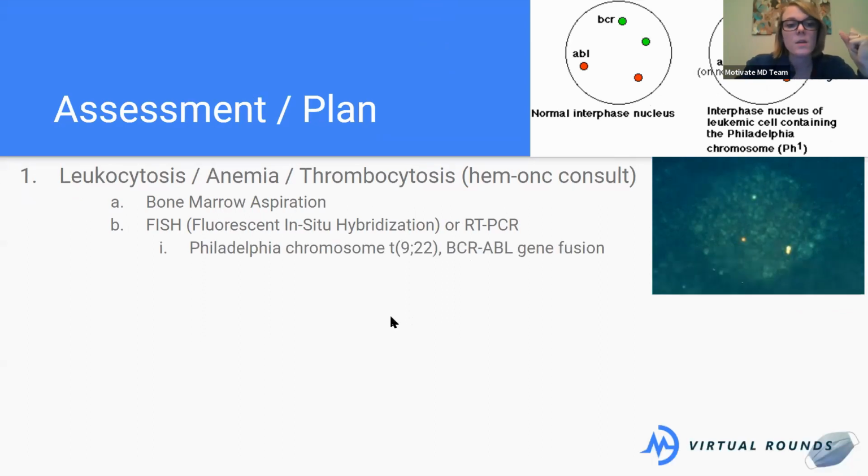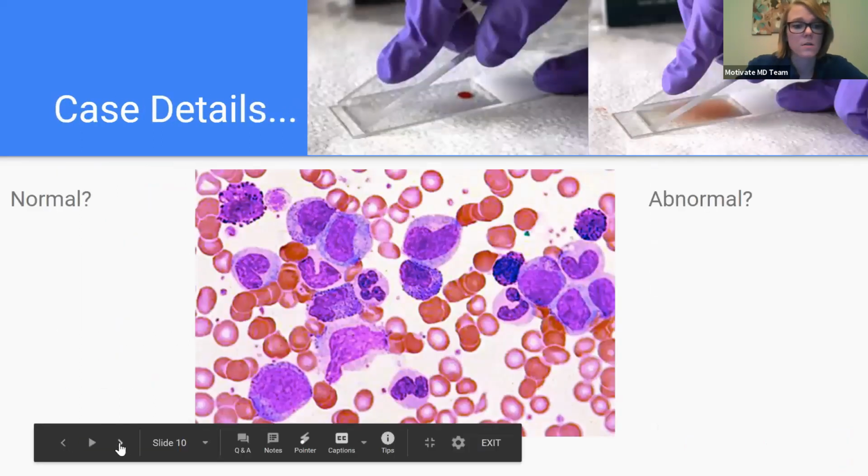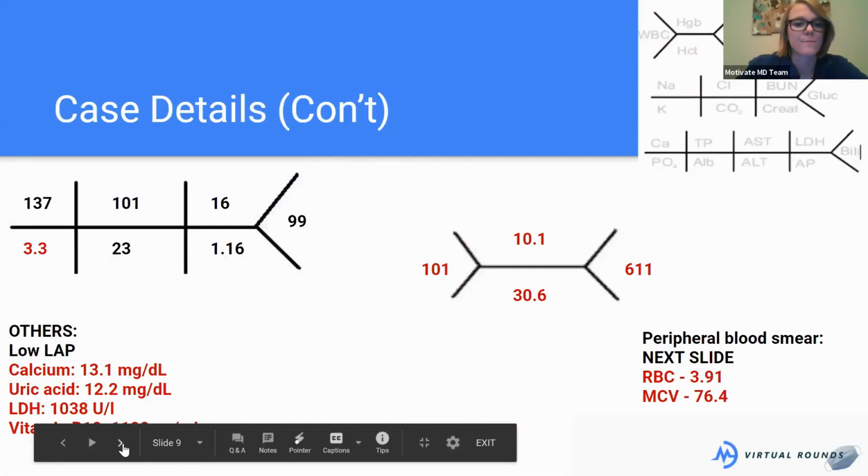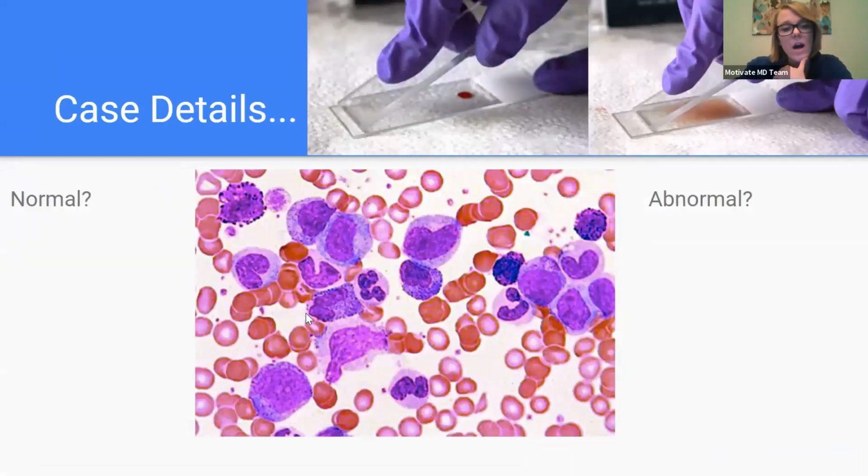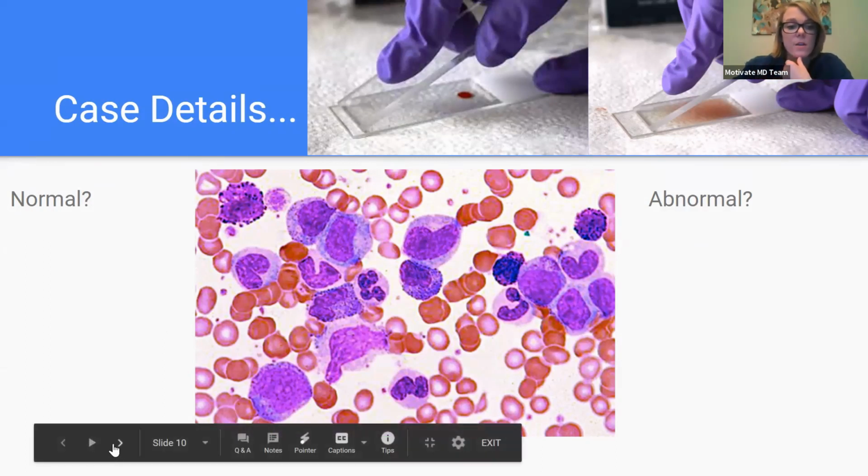So given our peripheral blood smear, given the type of cells that we saw, we know that we have a lot of cells, some immature, but some certainly mature. So this may in fact be a chronic leukemia, and we'll talk a little bit about chronic down the line too.